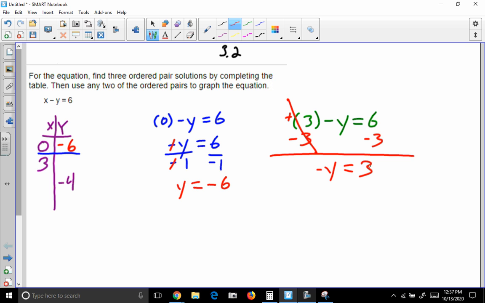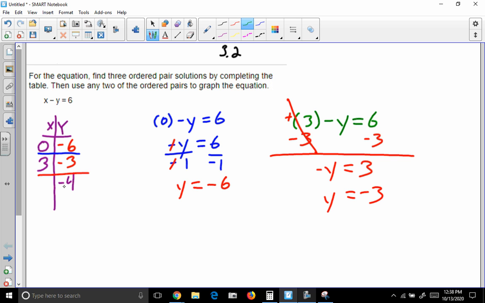Well, if negative y is 3, y is the opposite of that, which is -3. We could show dividing or multiplying by a negative, but if the opposite of y is this, then y is the opposite. Just take the opposite of both sides.